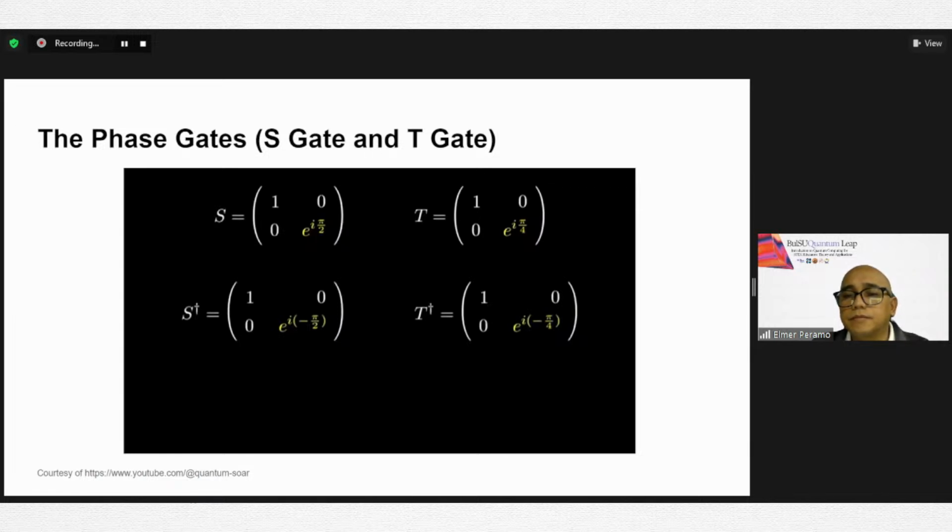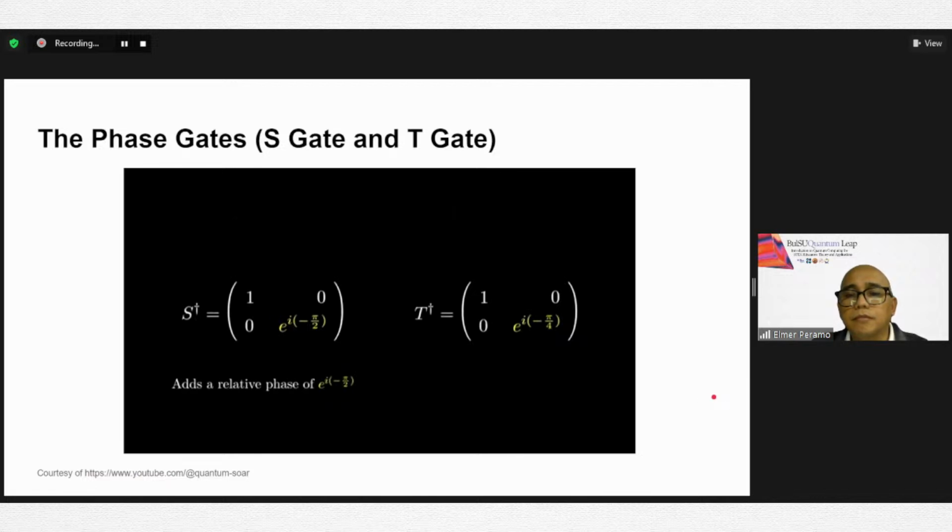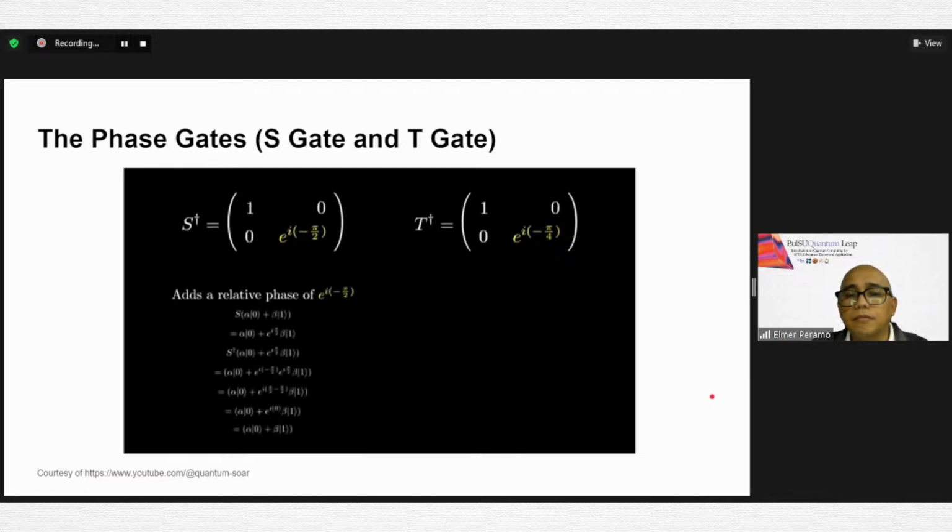For the S gate, we can see that applying S dagger adds a relative phase of negative pi on 2, which is the inverse of the S gate. This means that if we apply an S gate, then an S dagger gate, we are back in the same spot, meaning the S dagger gate is the inverse of the S gate. We also have the T dagger gate, which is the same thing as the S dagger, but adds a relative phase of negative pi on 4 radians instead, meaning it is the inverse of the T gate.